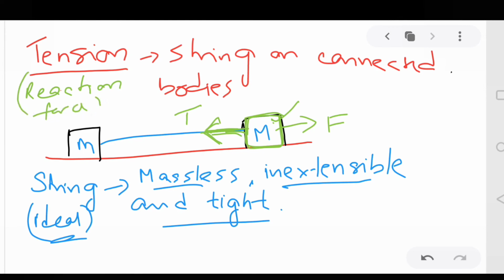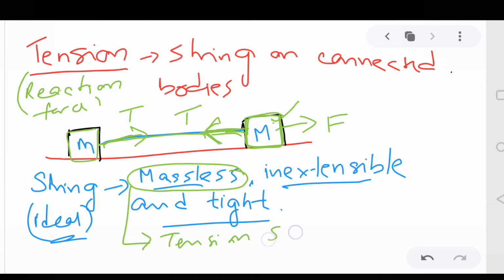Now the same string is also connected to mass small m. So the string is going to pull this mass in the forward direction with the same tension T. If the string is massless, then tension at all points will be the same. Tension is the same throughout the string.